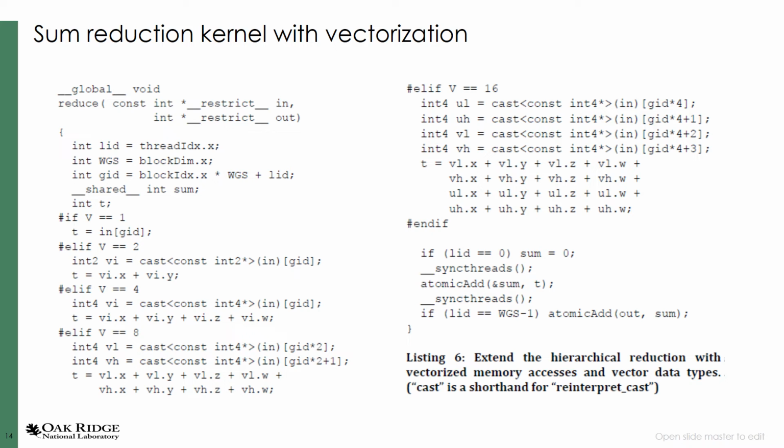Since each work item reads a vector in a memory transaction, the vectorized memory access reduces the global work size by a factor of v, where v is a power of 2 ranging from 1 to 16. After reduction over a vector and its partial sum is stored in a register, the number of atomics over shared local memory is also reduced by a factor of v.